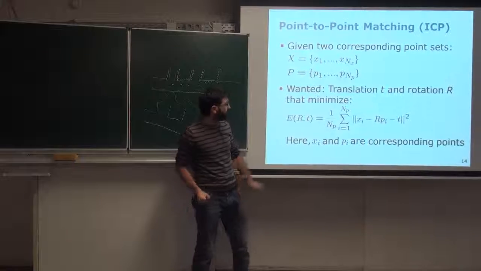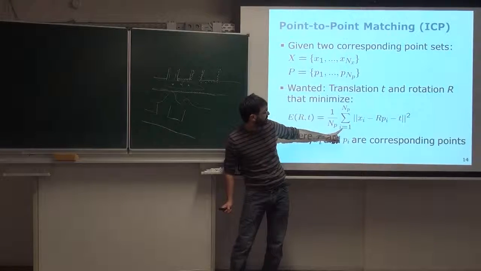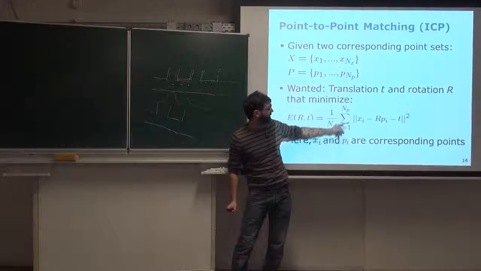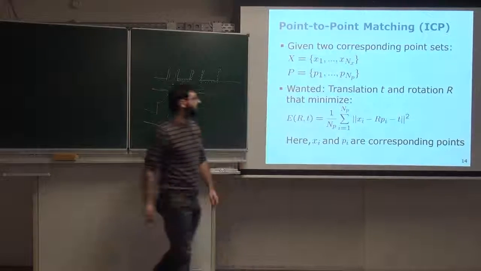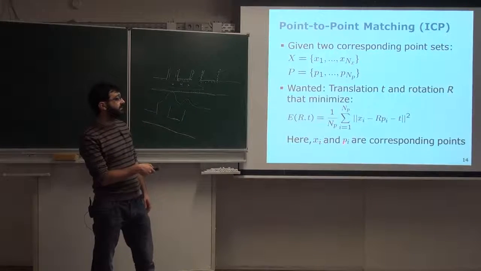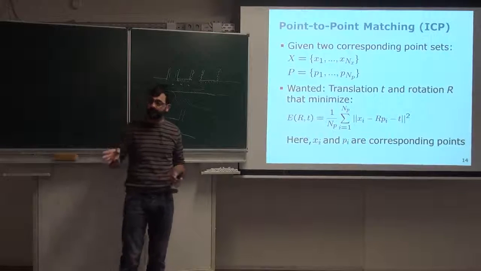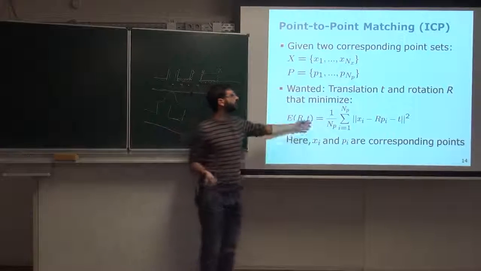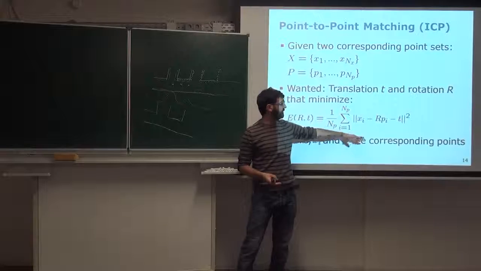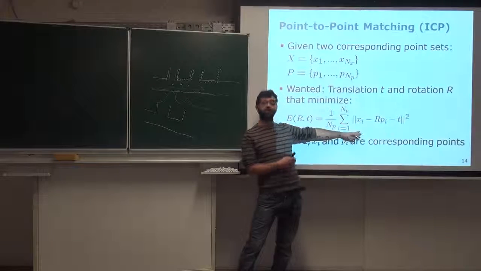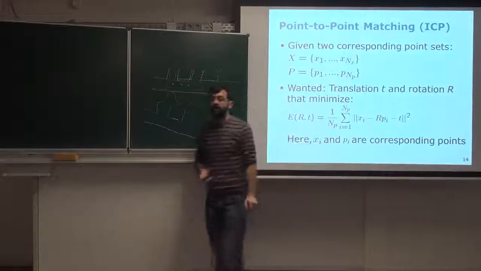And we want to associate for each P the correct one. So here we just assume that Xi and Pi are corresponding points, someone told us, and if we have these correspondences, we can solve this minimization problem in closed form, okay?